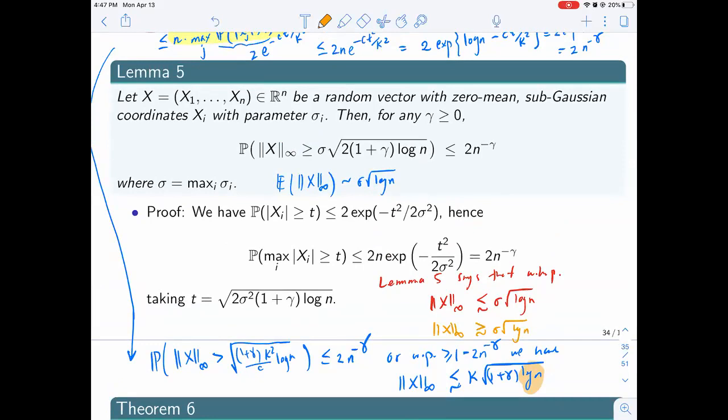So you could have a zero-mean x1, and then x1, x1, x1, x1, x1. And the maximum would be just the absolute value of x1, which is not scaling like root log n. So the lower bound is not going to hold in general, but if I assume further that they're independent, then I might be able to show this.